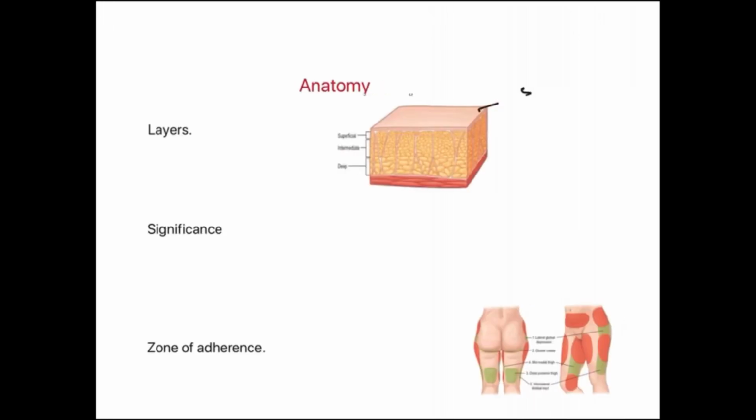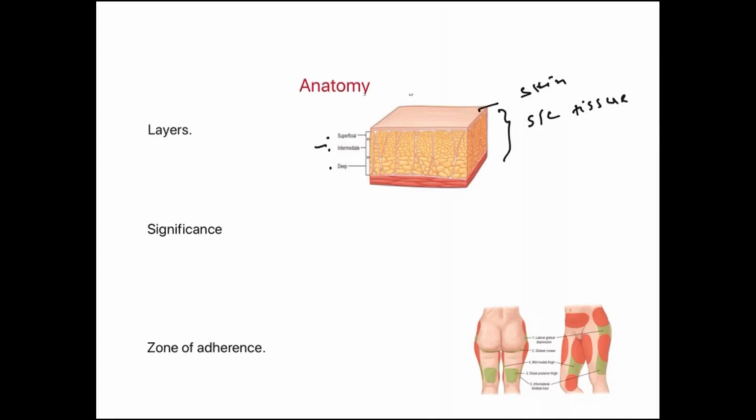So what is the relevant anatomy for liposuction? These are the layers of skin. This is normal skin and this is subcutaneous tissue, which is having the fatty content. This is divided in three parts: superficial, intermediate and deep. So what is the significance of this?